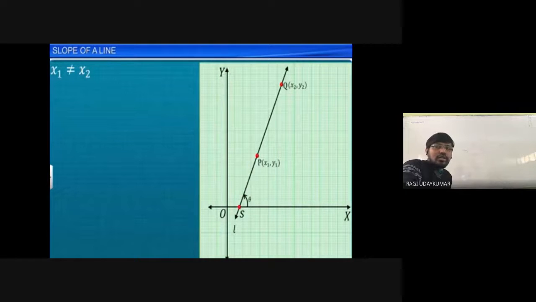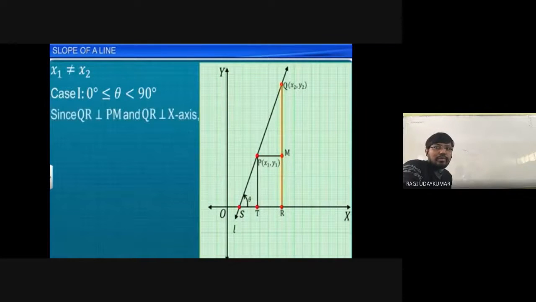Case 1 is theta between 0 and 90 degrees. Drop perpendiculars from P and Q to the x-axis: QR is perpendicular to the x-axis, and QM is perpendicular to PM.